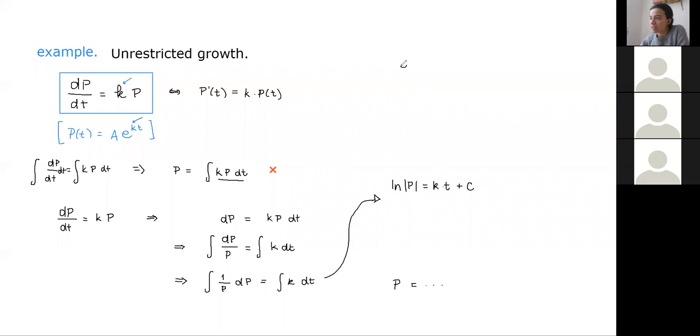So if I have e to the ln x, that gives me just x, in the same way that ln of e to the x gives me x. So if I want to solve for p over here, I can raise each of the sides to the exponent of e. So I'll have e to the ln p on the left-hand side, and on the right-hand side, I'll have e to the kt plus c.